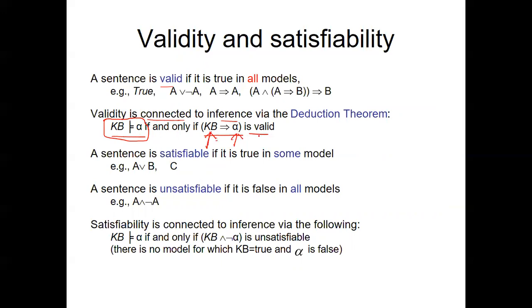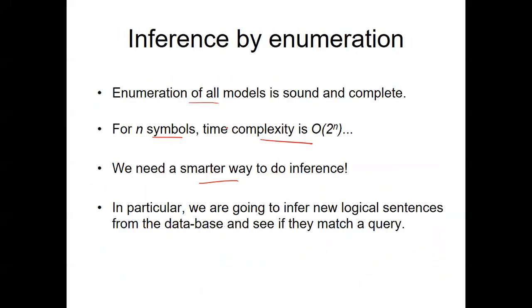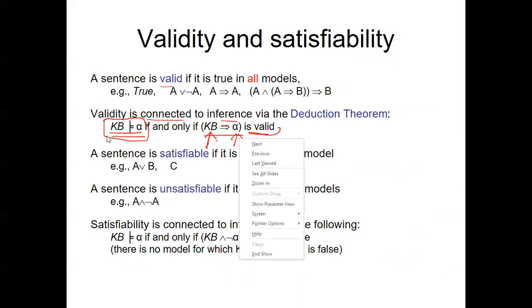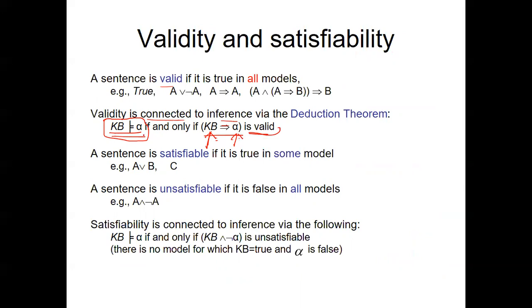If that is satisfied, if that is valid, then we say that KB entails alpha, because KB implies alpha means wherever KB is true, alpha is also true. So this is one way of explaining entailment through validity.